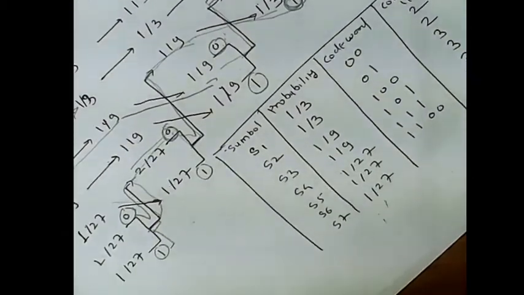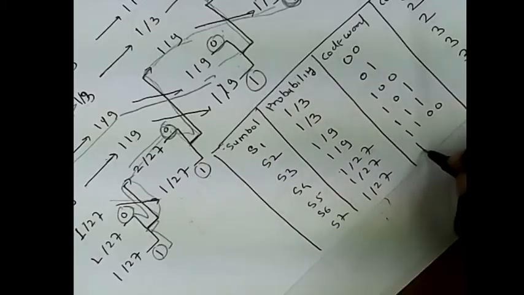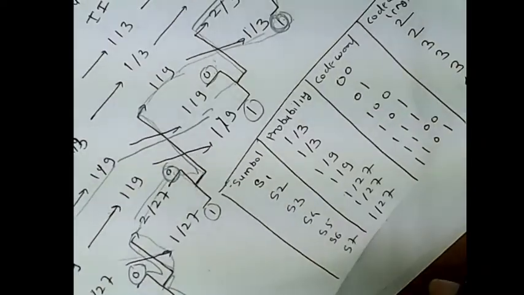So the code for this, in reverse order, we can write in backward path as 1 0 0 1, and length is 4. Now we calculate the average code word information.